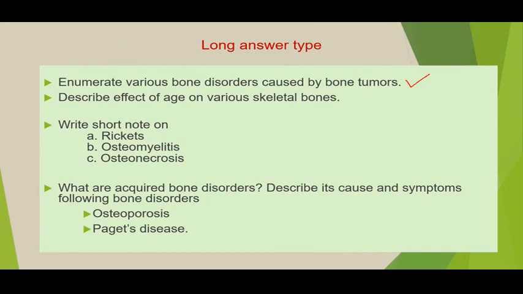Next is write short note on rickets, osteomyelitis and osteoarthritis. And the last question from this category is what are acquired bone disorders? Describe its causes and symptoms. The bone disorders which you have to describe are osteoporosis and Paget's disease.